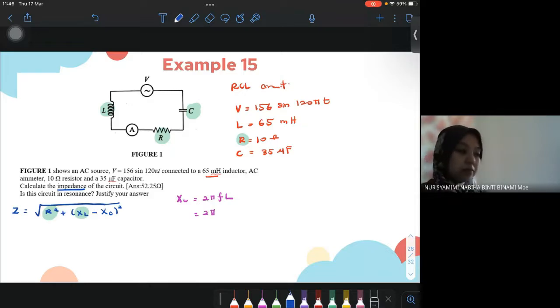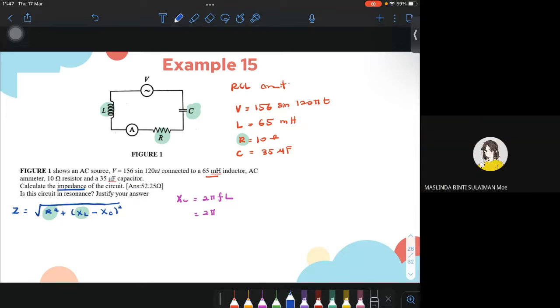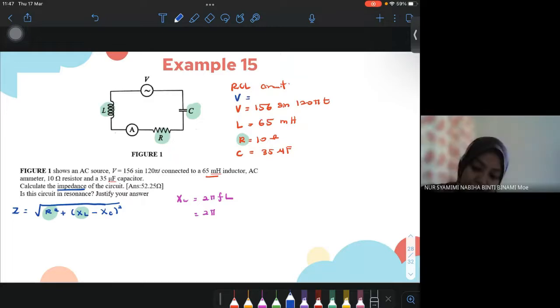How? Omega. From the equation, omega. So kita boleh compare dengan V naught sine omega t. We know that omega is equals to 120 pi. So the relationship between frequency and omega is frequency equals omega over 2 pi. So 120 pi divided by 2 pi, kita akan dapat 60 Hz.